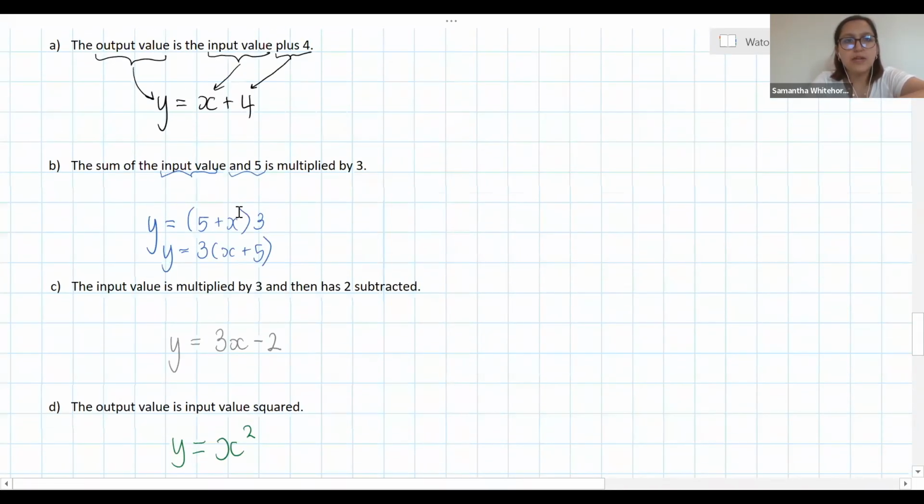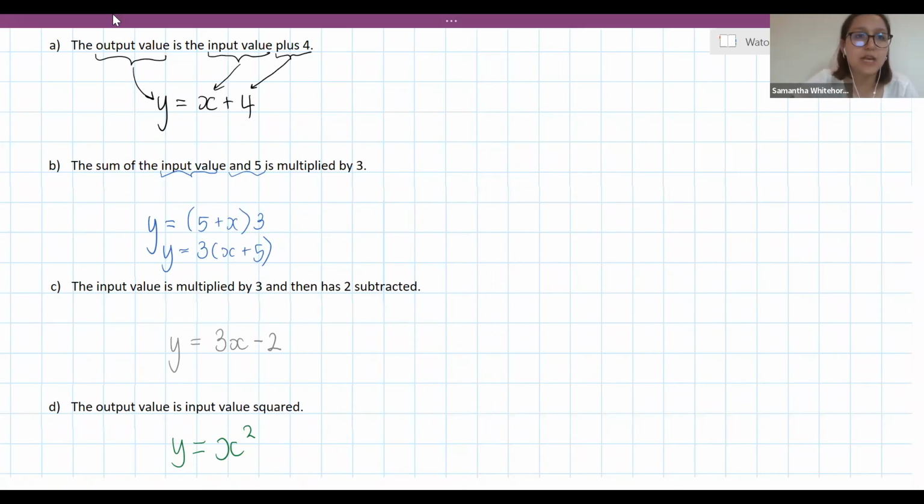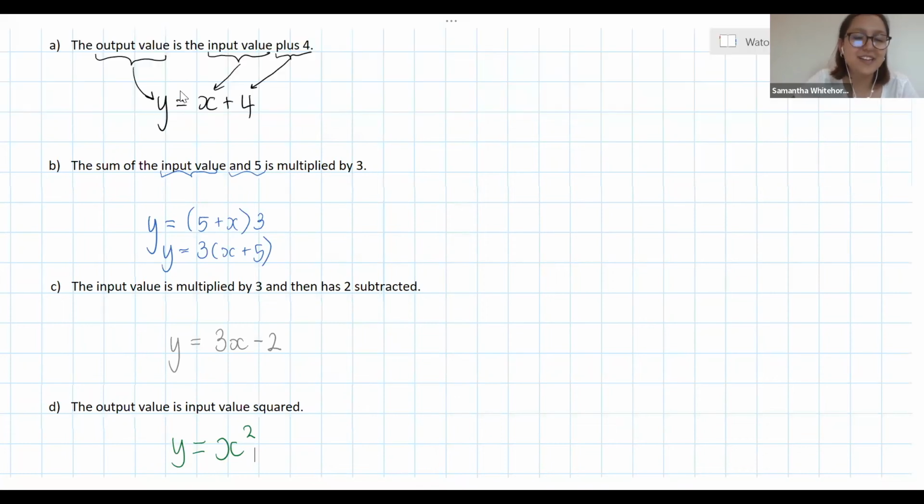So our equation for A, and I'll leave it there in case you want to take a screenshot. Our equation that we got for the relationship I described in A was y is equal to x plus 4. So we're now going to construct a table because, like I said at the beginning, tables are always super useful as a starting point. We're going to construct a table to try and see if we can start to draw some graphs.